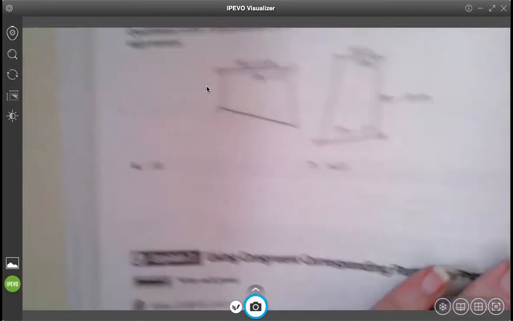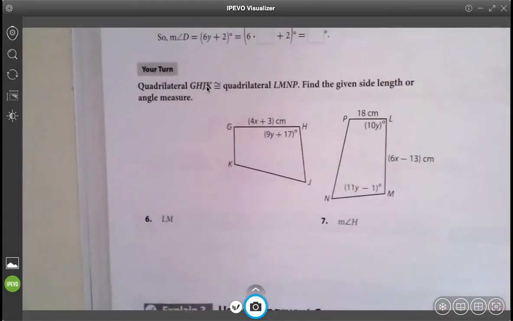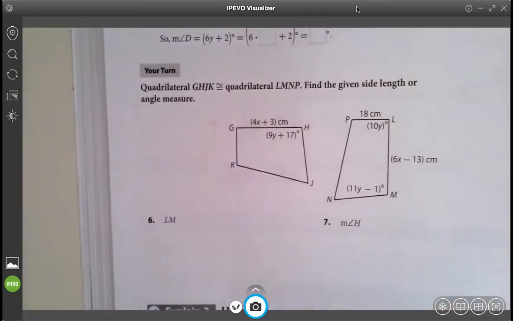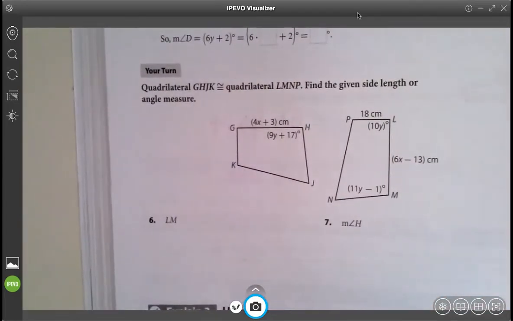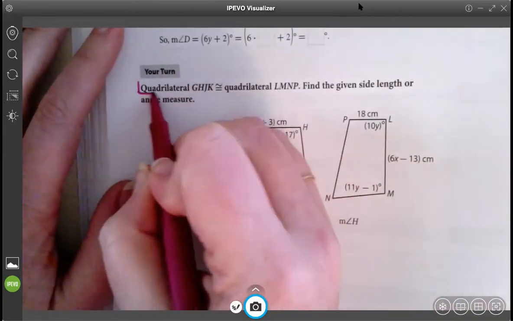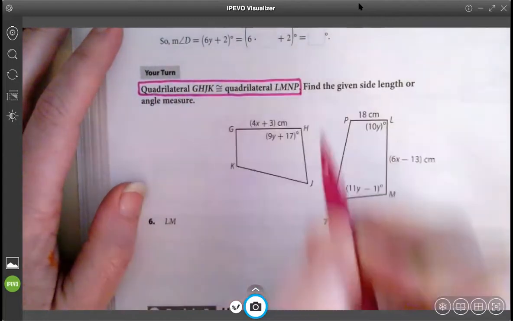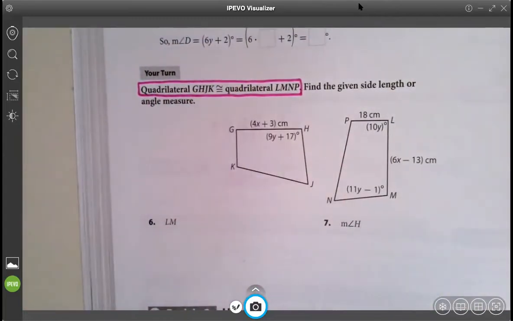Let's look over at 142. We're actually going to do this quadrilateral on the your turn section. So quadrilateral GHJK is congruent to quadrilateral LMNP. This is your congruent statement. There's not a symbol for a quadrilateral because, would it look like a square, or would it look like a rectangle, or would it look like a kite or a parallelogram or a rhombus?